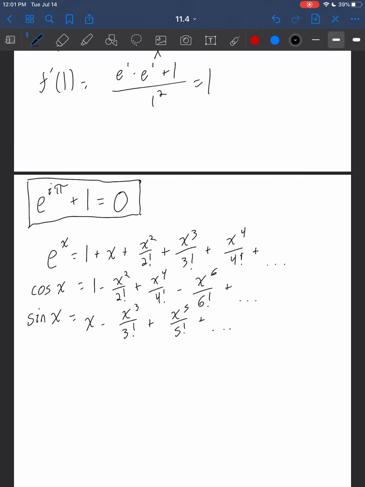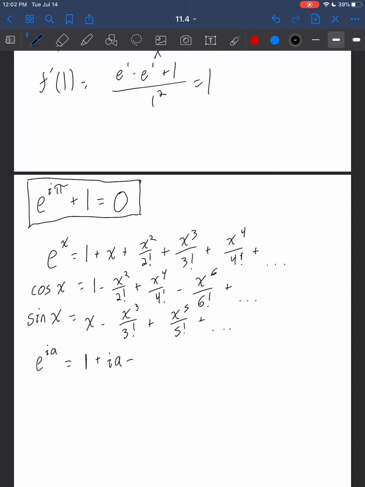So let's think about what happens if I take e to the i times some number a. Well, plugging in values, this is going to be 1 plus i a, and then I have an i squared, which is going to be negative 1.